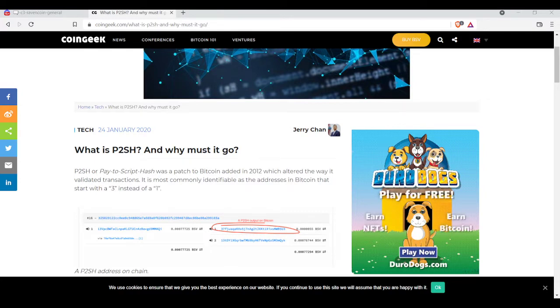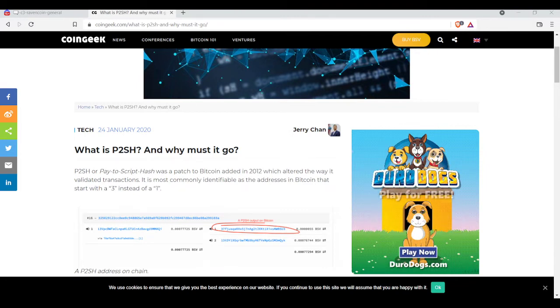For clarity, remember that, because Ravencoin is a fork of Bitcoin. It was added in 2012, which altered the way Bitcoin validated transactions. It is most commonly identifiable as the addresses in Bitcoin that start with a 3 instead of a 1. So that's how you can tell the difference.